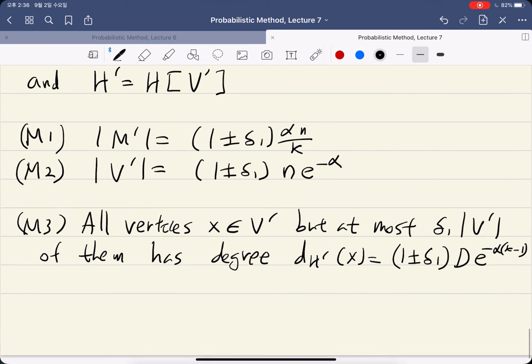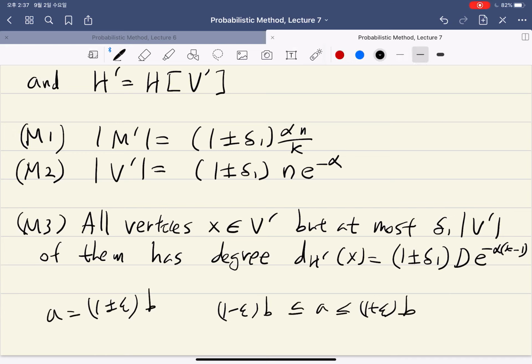So again, if we write this, it is a number between 1 minus epsilon and 1 plus epsilon. So if I write A is this times B, then we have this. So that's what it means here. This is actually two inequalities.